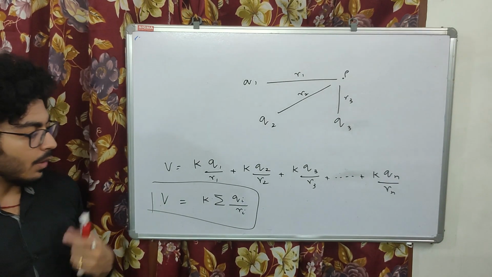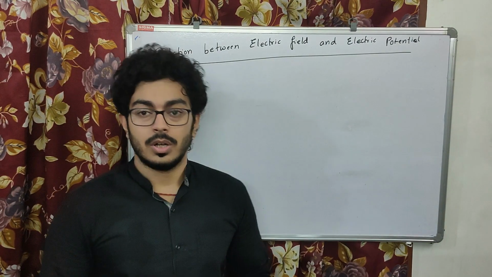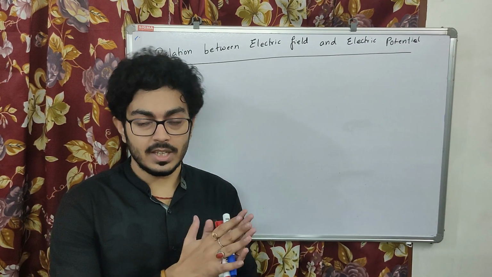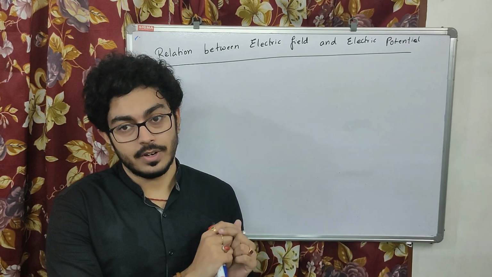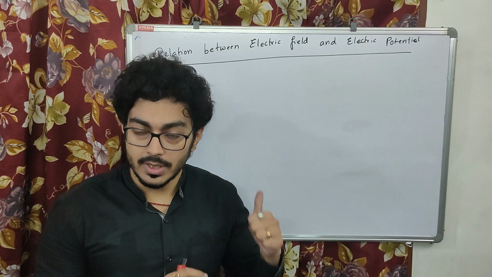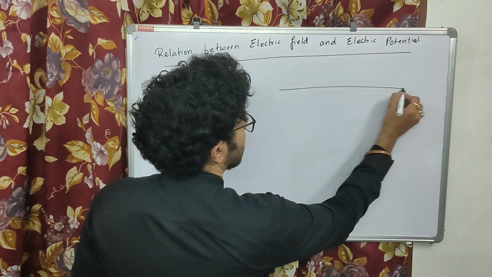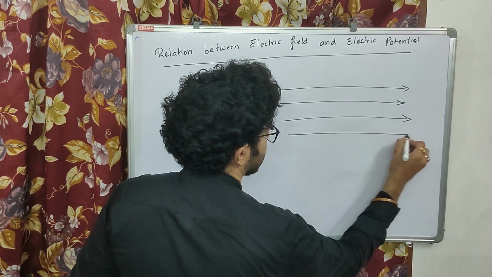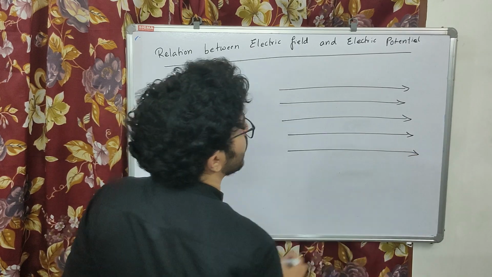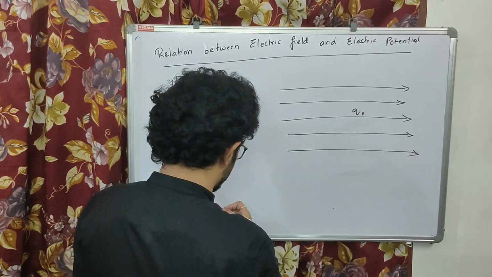Okay. Now we are going to understand our next topic. This topic is very important and you have to pay attention because a very important concept lies in it. Suppose at a portion in any space there is an electric field in this direction, and here is a test charge Q0.